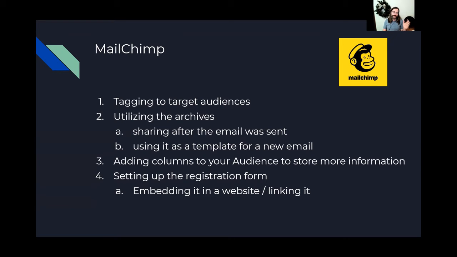Tagging is very useful when you're using the free version of MailChimp, because there's only one audience, so you have to work within one database of people. Tagging can slice it up really easily, and you can get access to them pretty quickly. You can also search, like, how many members do I have that are in Idaho or whatever.